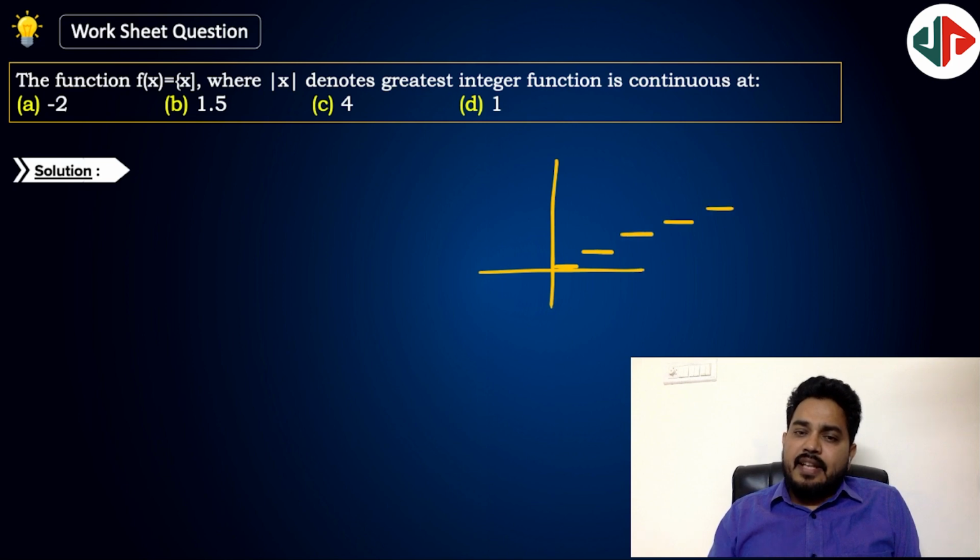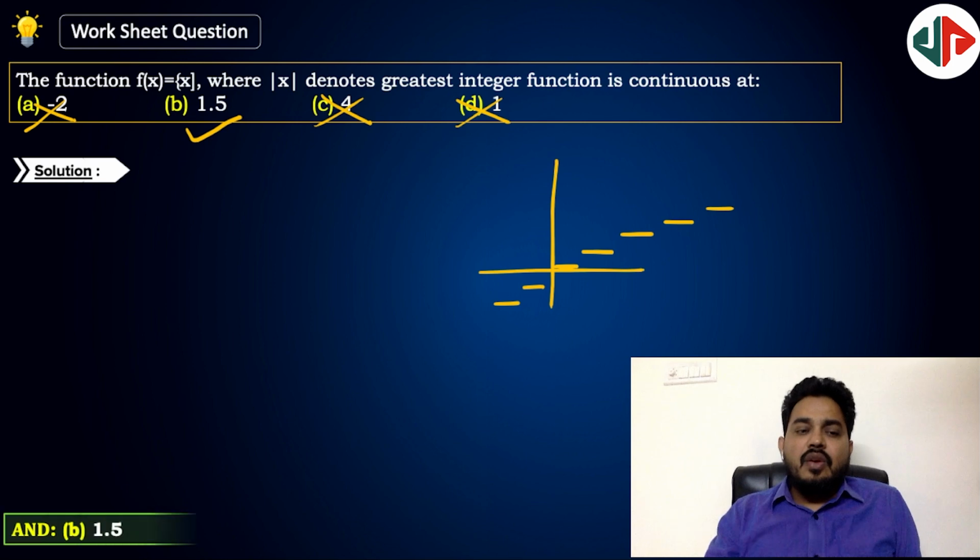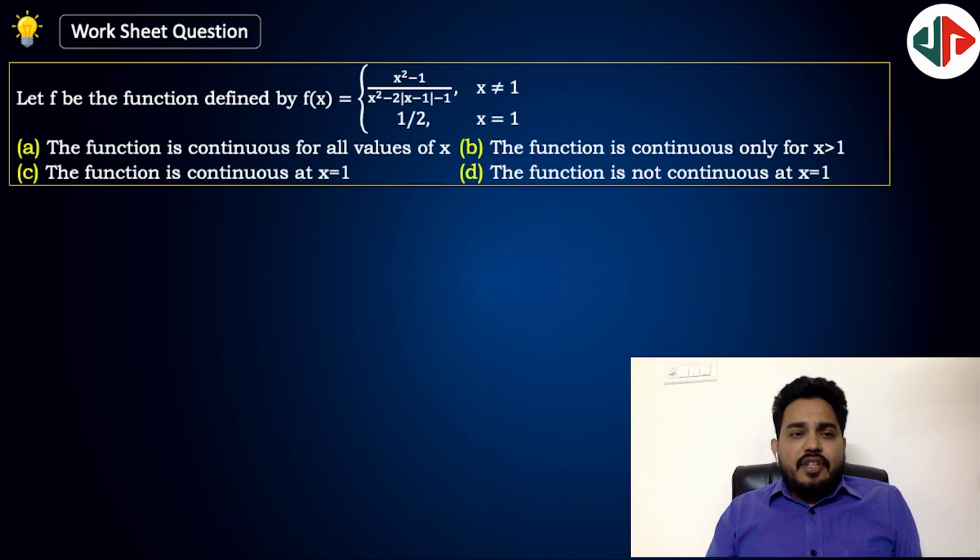Discontinuous at integral values. So this is not possible, this is not possible, this is not possible. Only continuous at 1.5. This is the function. The function is continuous. They're talking about the continuity only.